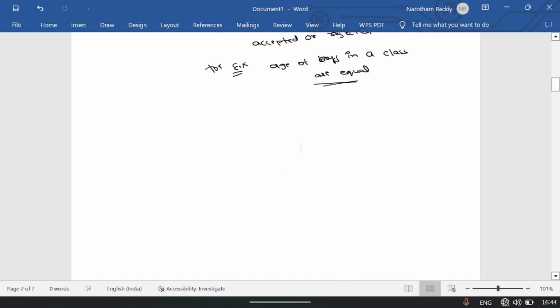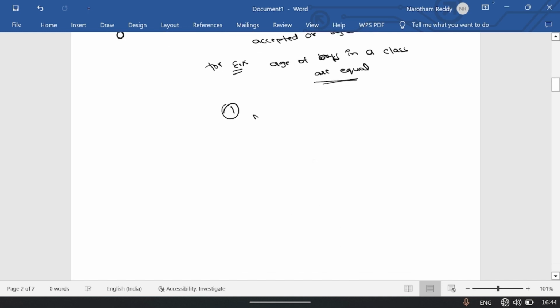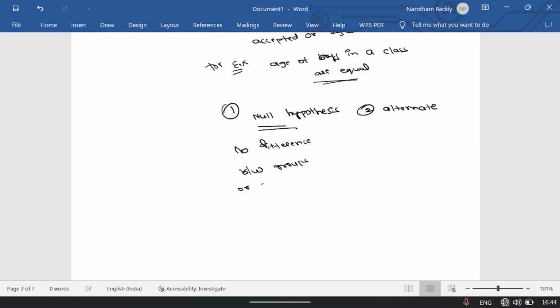While talking about hypothesis, there are two types of hypothesis. One is null hypothesis. Second one, alternate hypothesis. Coming to null hypothesis, it states that there is no difference between groups or relationship between variables, which is denoted by H naught: mu 1 equals mu 2.